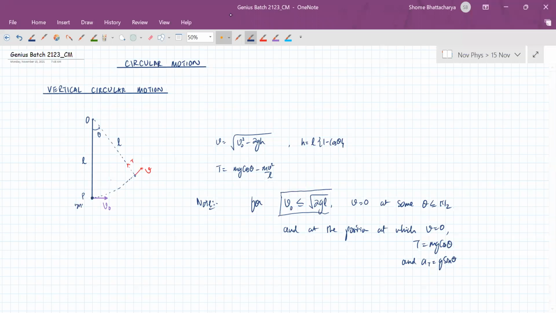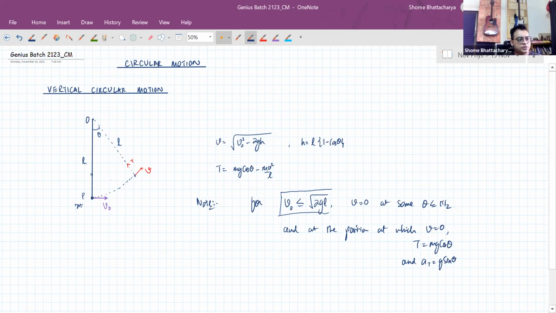Root 2gl or root 2gh, sir? h is the height from this point. But we are finding the condition. See, h in this diagram is this one. But we are finding the condition for it to at least reach 90 degrees, I mean, the condition that it should not go beyond 90 degrees.